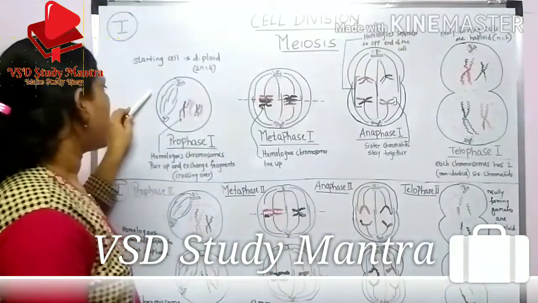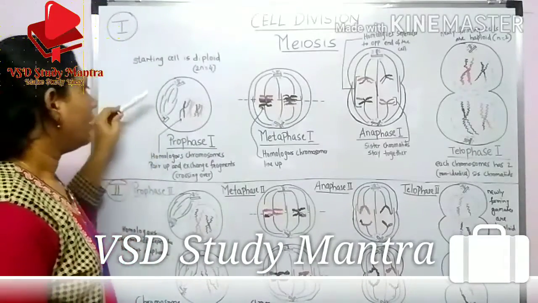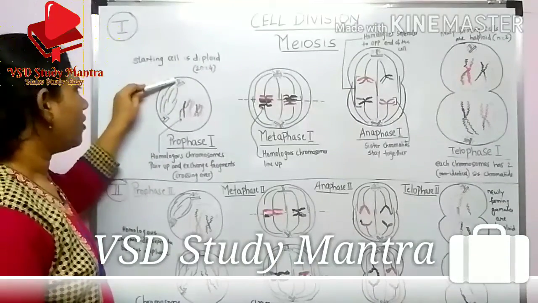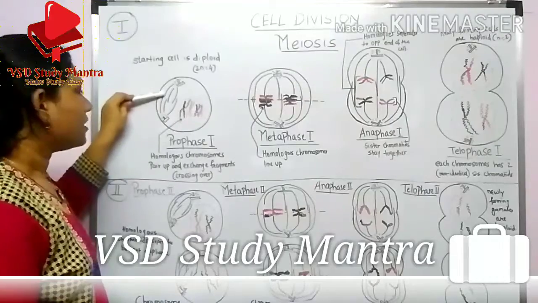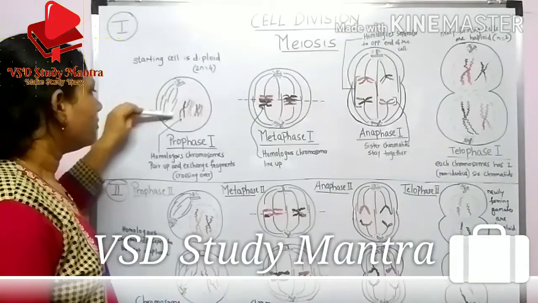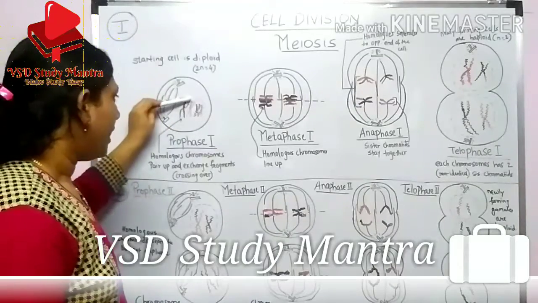In prophase 1 of the first cycle, here is a cell. It has centrioles, spindle fibers, a nucleus and a nuclear membrane.